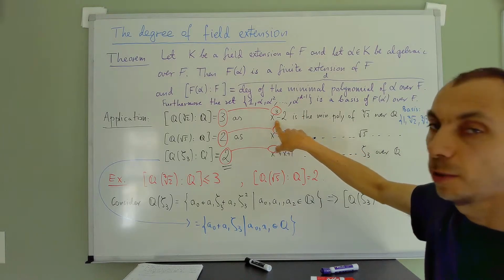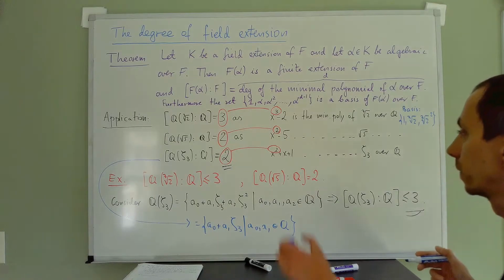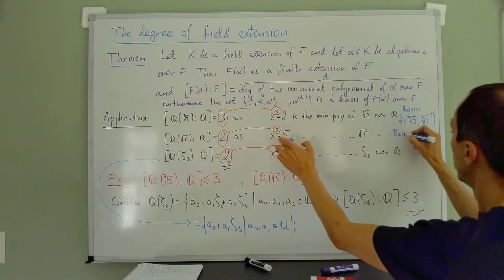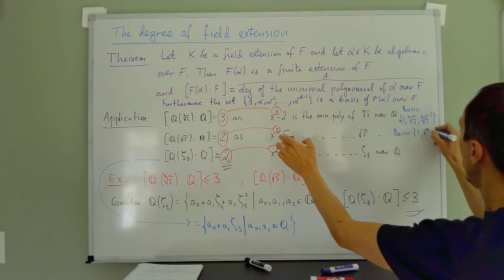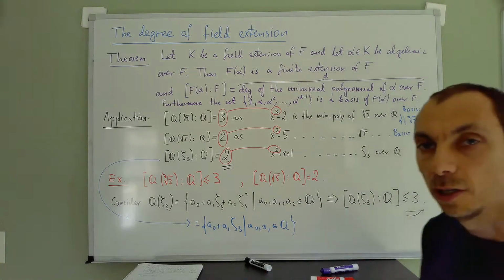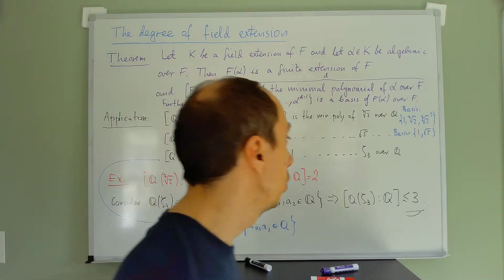The degree is 3 in this case, so I go all the way up to 2. Here, the degree of the minimal polynomial is 2, so I use 1 and radical 5 to the power 1, and I stop, because 1 is 1 less than 2.